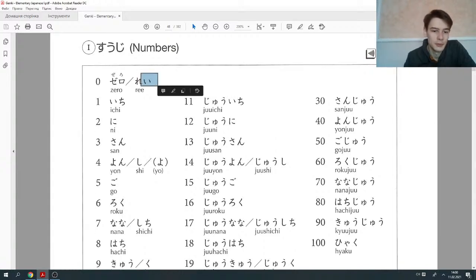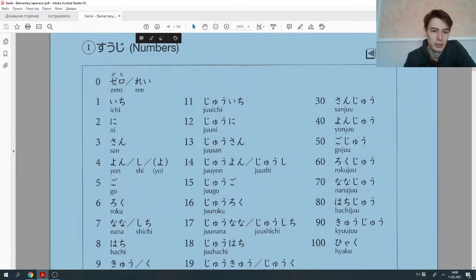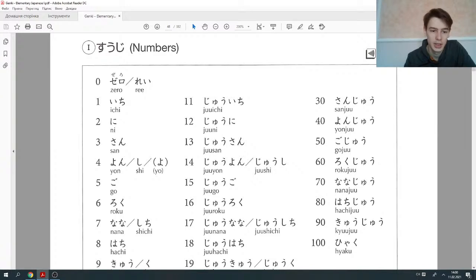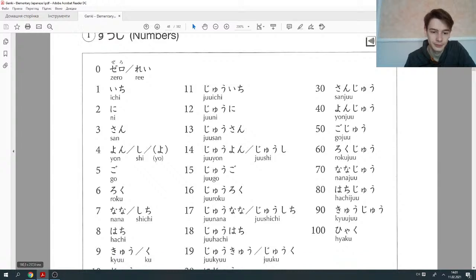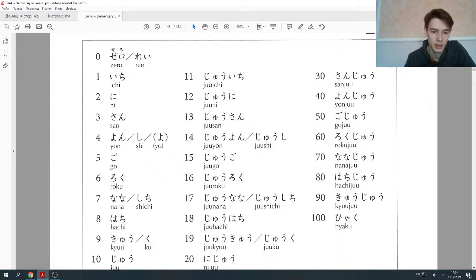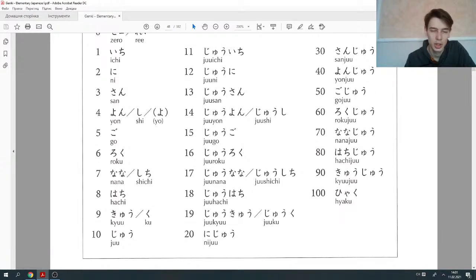Not re, but rei, we are prolonging it. So I was reading this as re. Zero, rei, ichi, ni, san, yon, and shi, go, roku, nana, shichi, shichiji, yoji, shigatsu, April, hachi, kyu, and ku, kuji, ju.